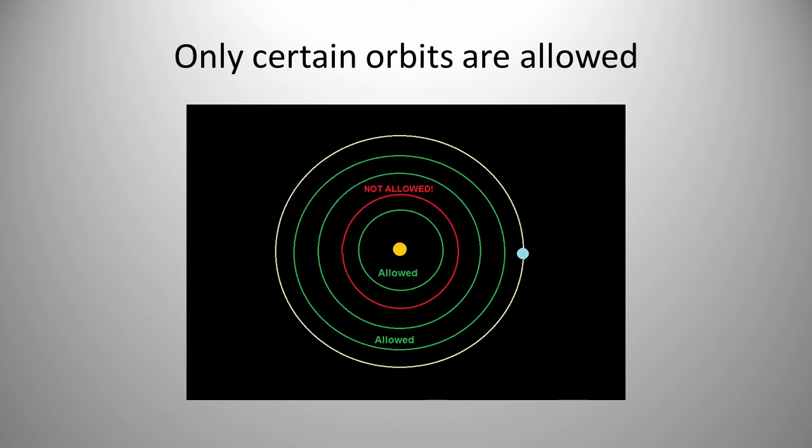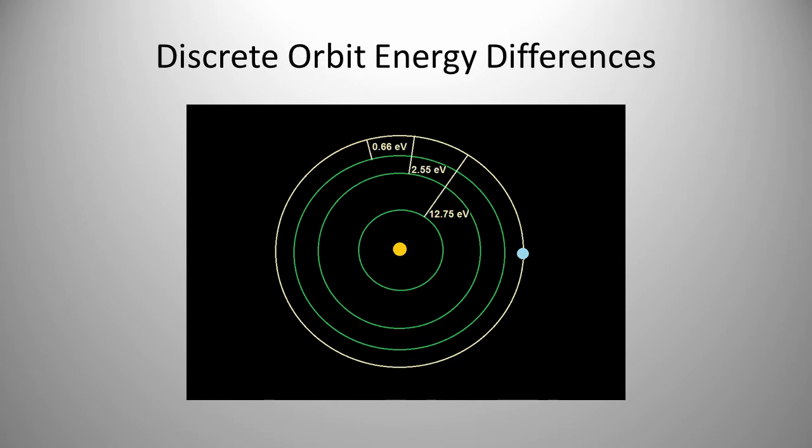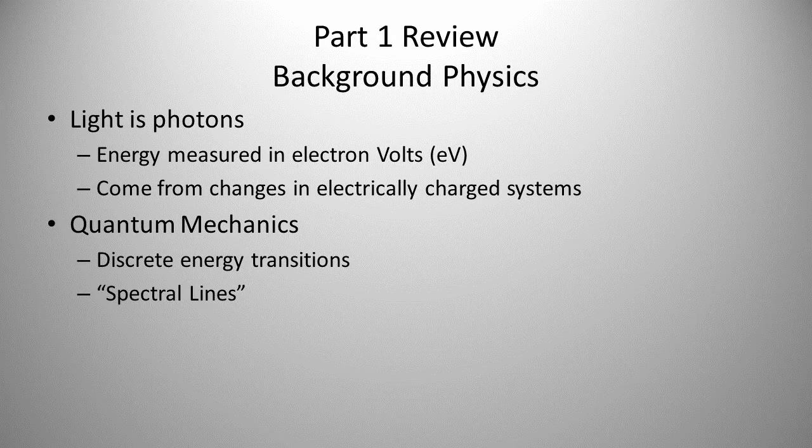That means that when they change orbits, there's only a certain set of energy changes allowed. And that means that the photons that are emitted can only have energies from that discrete set. We say that those are discrete transitions. When that light is passed through a spectrometer, the photons are spread out based on energy, forming a set of lines at the energies for the emitted photons.